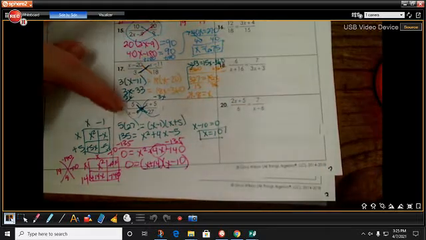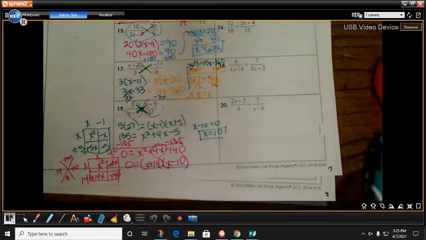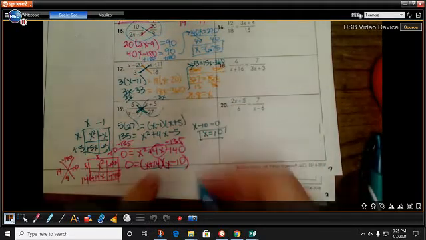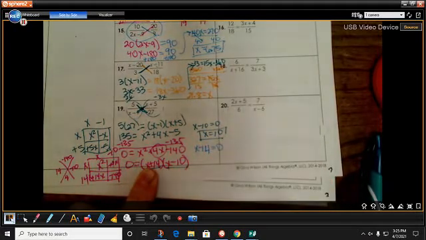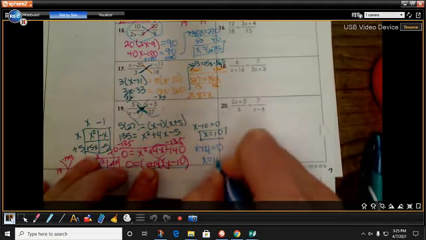So that's one possible solution to this proportion. But wait, there's more. What if the x plus 14 was the thing that equaled 0? Well, then x could equal negative 14, and it would also work in that proportion. And so this one actually has two solutions. And that's okay. It's going to be fine. We can have that. Algebra allows for multiple solutions just like real life does.